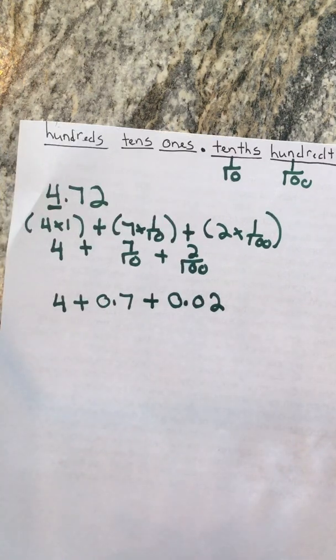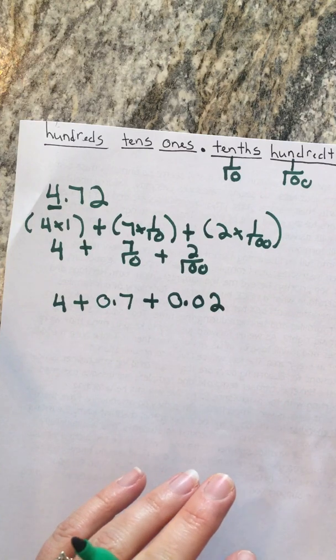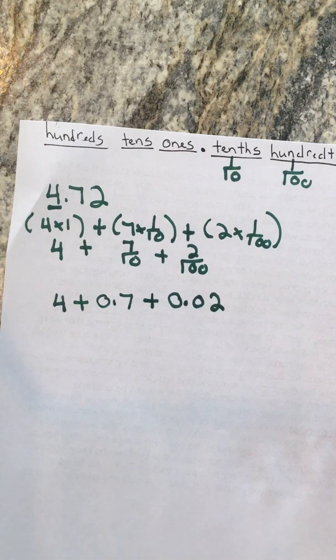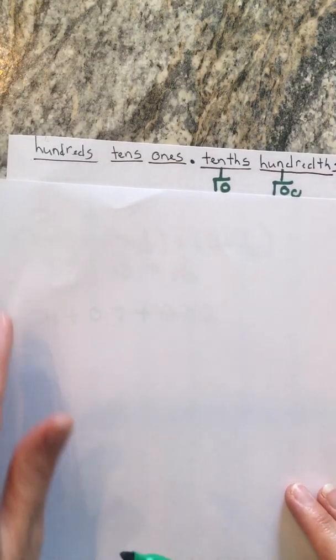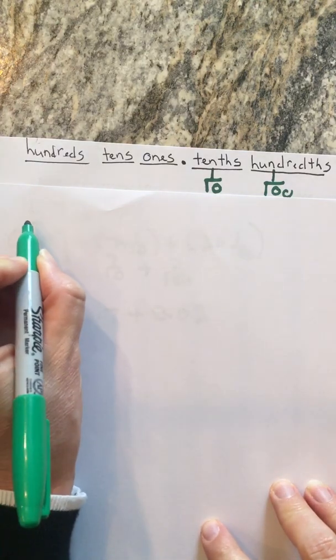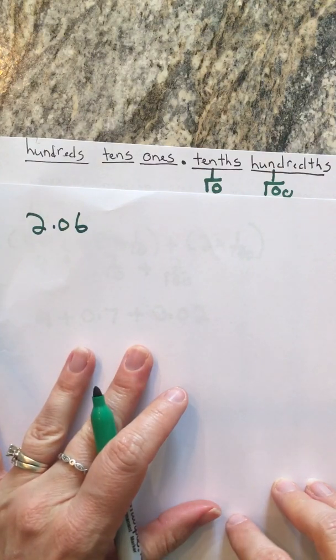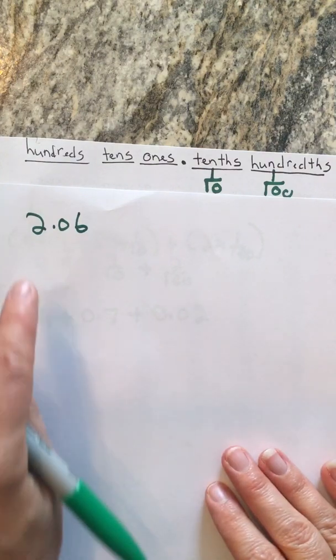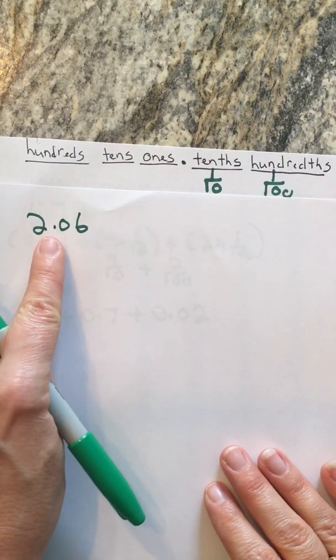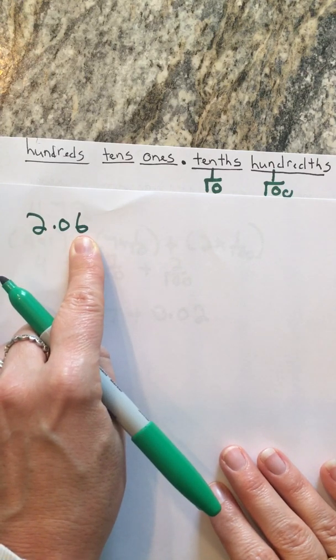Another thing is, what if we have a 0 in a placeholder? So for example, if I have the number 2.06, how I would say this is 2 and 6 hundredths.